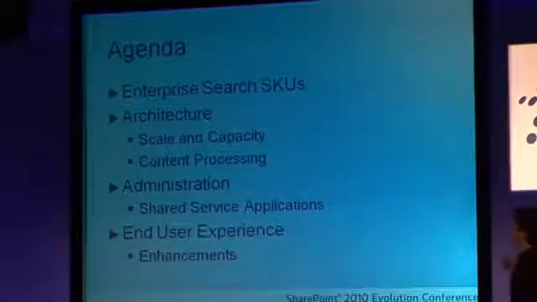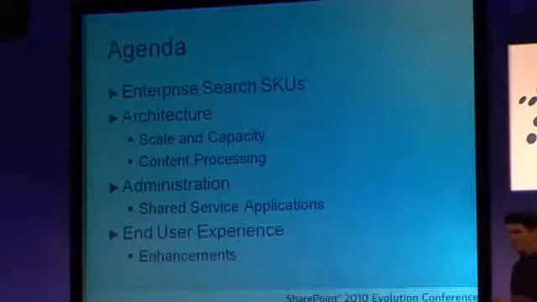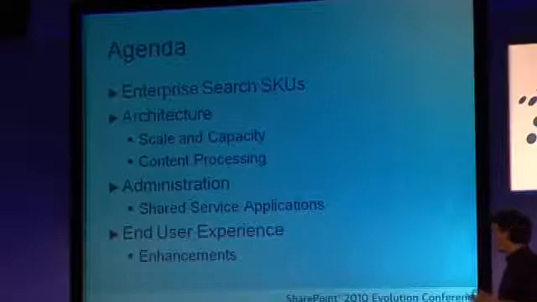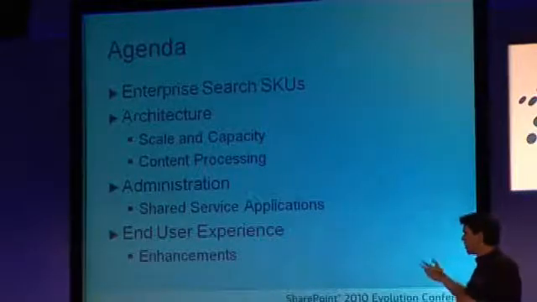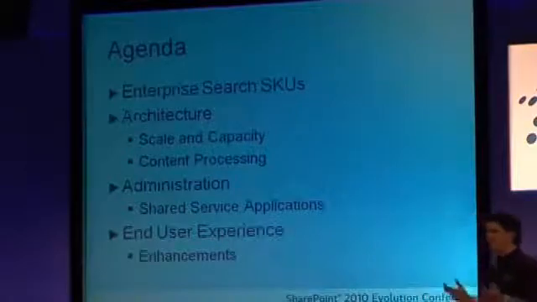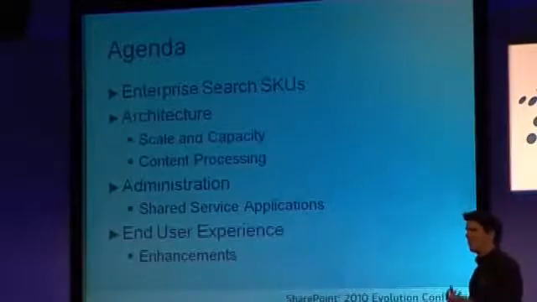Neil will move on to shared service applications, and we'll look at the 2 shared service applications that we have now with Fast, whereas with out-of-the-box SharePoint Search, we have 1 SSA. We have 2 with Fast. Then I'll move on to end-user experience and some of the enhancements and value adds that SharePoint and Fast really deliver to end users.